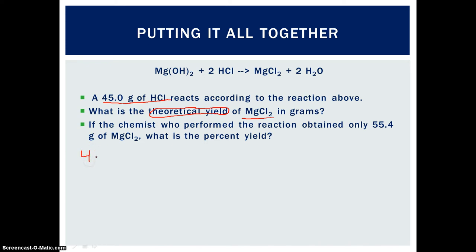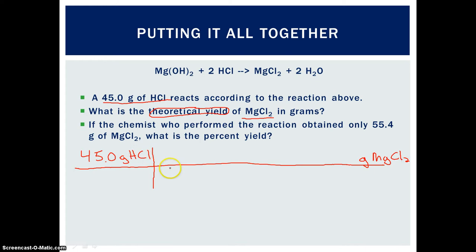Start with your given. So 45.0 grams of hydrochloric acid. I have grams, and before I can get out to my unknown, which is grams of magnesium chloride, I need to go to moles.